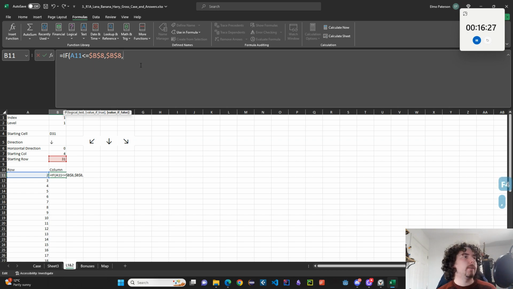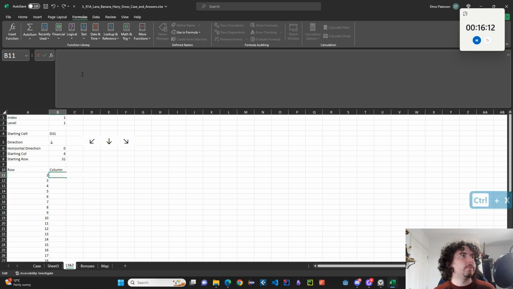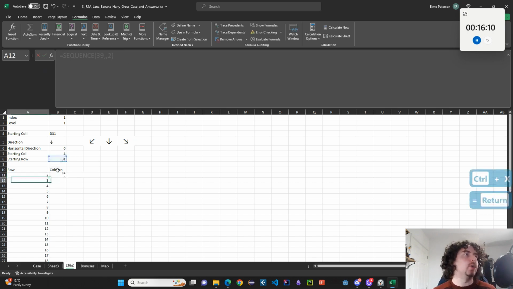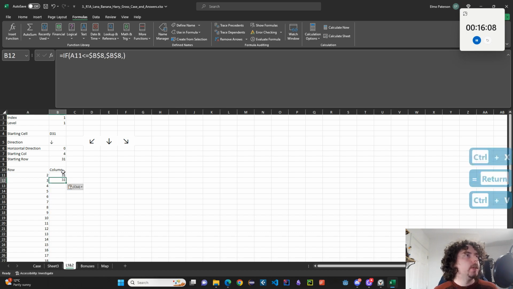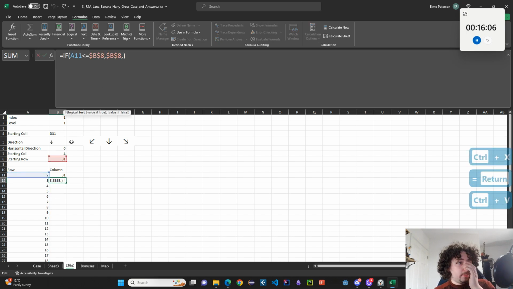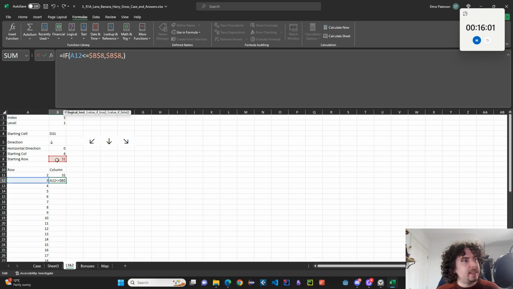Otherwise, so this is always going to be true, so that's fine. It's going to be the... Okay, right, so that first one is always going to be the starting row, that's fine. This one is going to be if the row we're on now is less than or equal to the start.